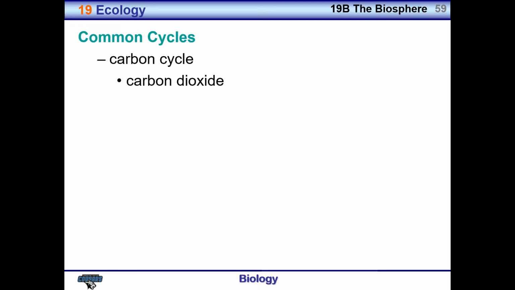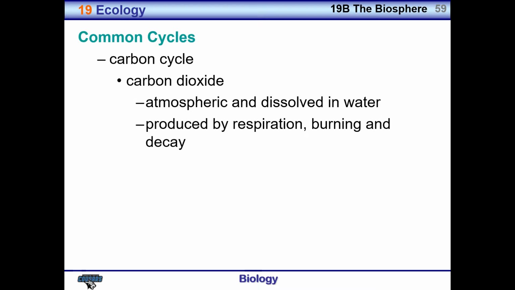Carbon dioxide is part of the carbon cycle, and it is also found in our atmosphere. It dissolves in water very readily, and remember that it is produced through respiration, but also through burning. Anytime you burn any plant material or fossil fuels, it's giving off carbon dioxide.